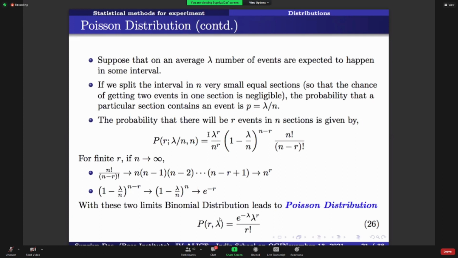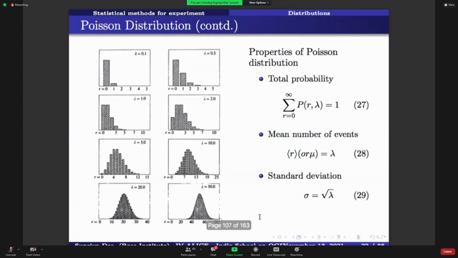This is lambda to the power r, this is e to the power minus lambda, and n to the power r cancels out, and then n is infinite, and you get e to the power minus lambda, lambda to the power r divided by r factorial. So that is Poisson's distribution, and that distribution deals with those events.